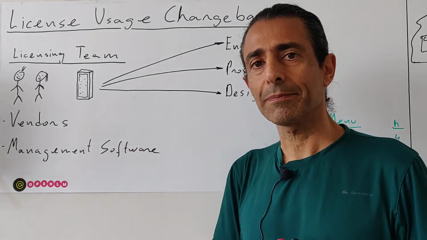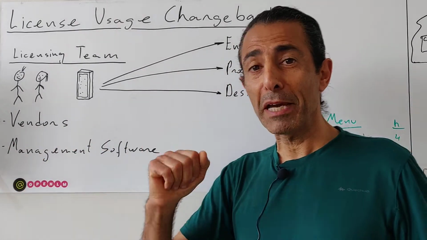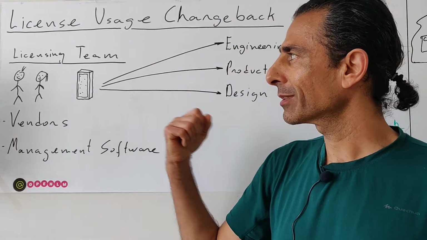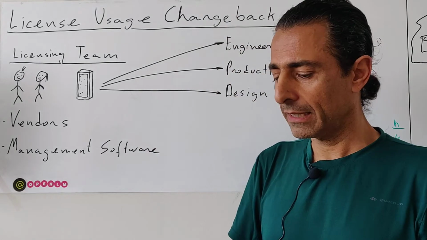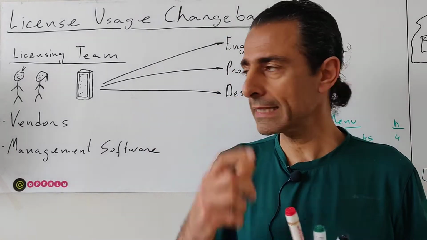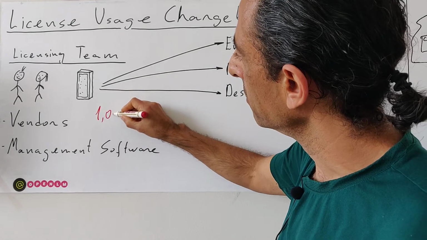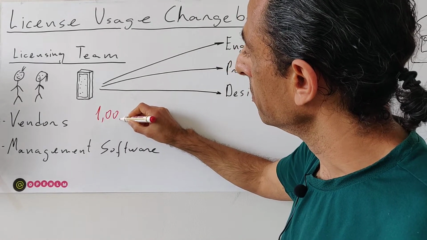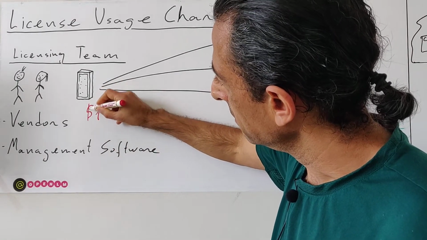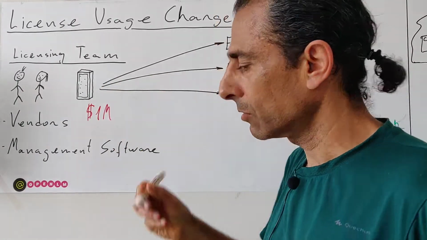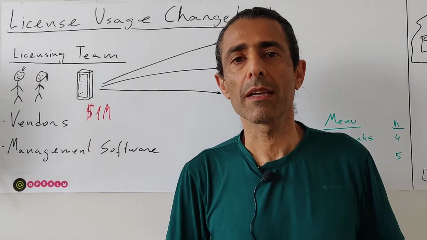So we take that into account, and we probably need a management software to do all the work here, like OpenLM, for example, and we take that into account also. So let's just assume we have a total cost of $1 million for the whole operation here.